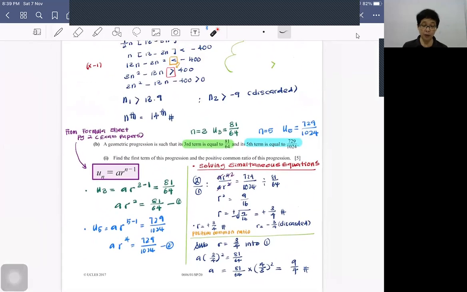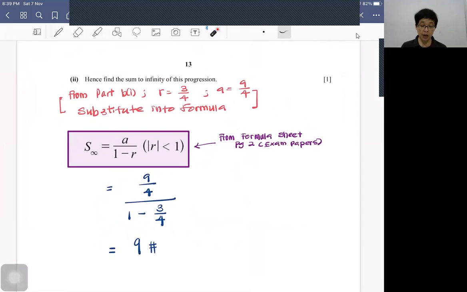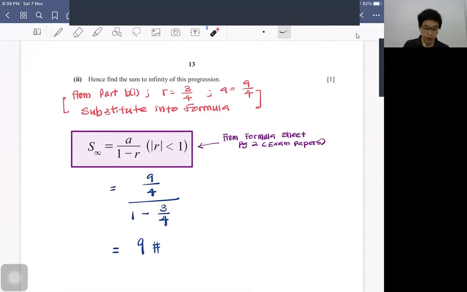Okay, let's move on to the final part of this question. Hence, find the sum to infinity of this progression. Of course, with the word hence, we know from all these years of practicing that we're going to use back the answer from the previous sections.